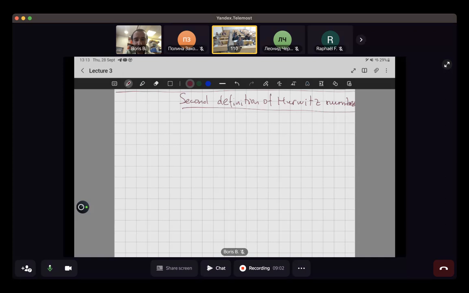As in the first definition, this mu is a partition. So G is this G, and mu is a partition of D.